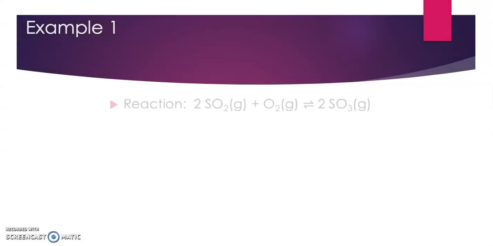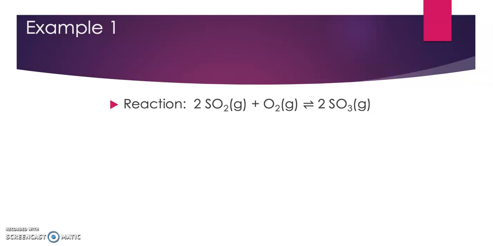So here's our first reaction. 2 molecules of SO2 gas react with oxygen molecules to make 2 molecules of sulfur trioxide gas. Our product is SO3. It's got a coefficient of 2. We have 2 reactants, sulfur dioxide with a coefficient of 2, and oxygen gas with a coefficient of 1.